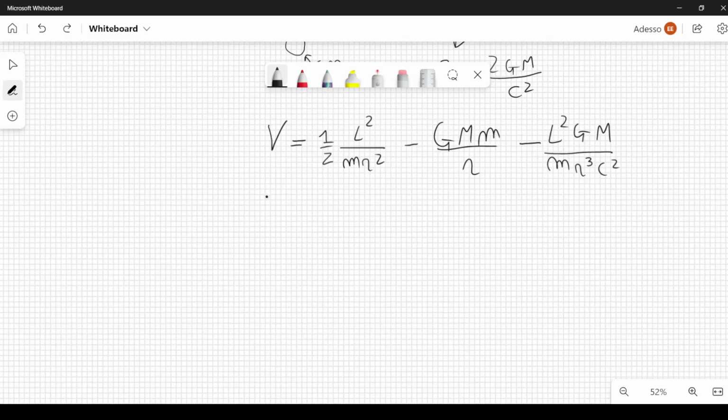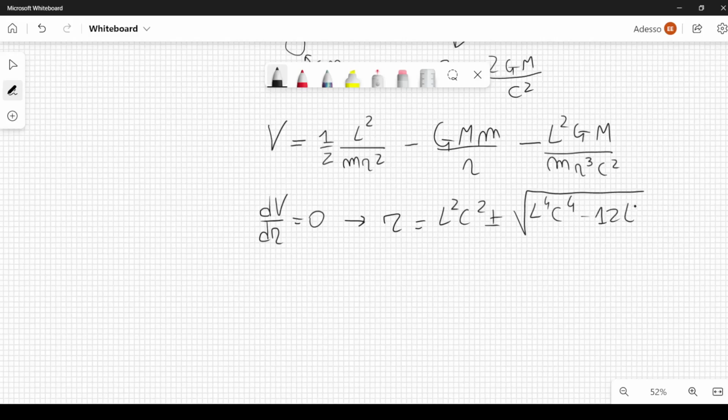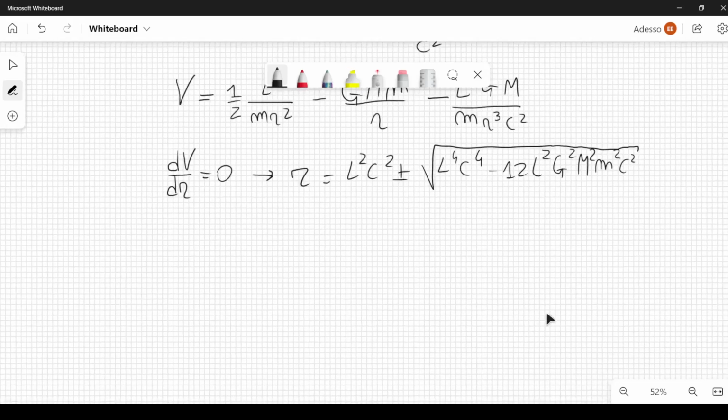It's not possible, because if you take the derivative of the potential energy with respect to r and you set it equal to 0, you will find r equal to L squared c squared plus or minus the square root of L to the fourth c to the fourth minus 12 L squared G squared M squared lowercase m squared c squared, and then we have to divide this by 2 G capital M lowercase m squared c squared.